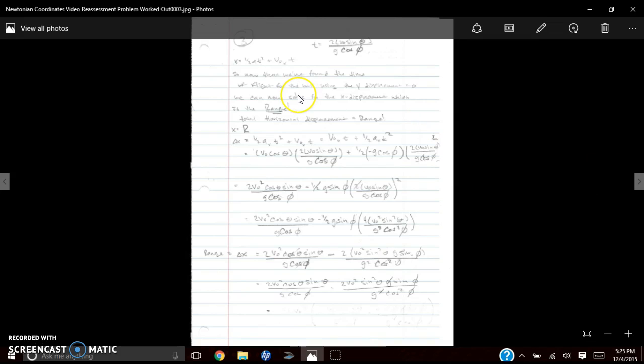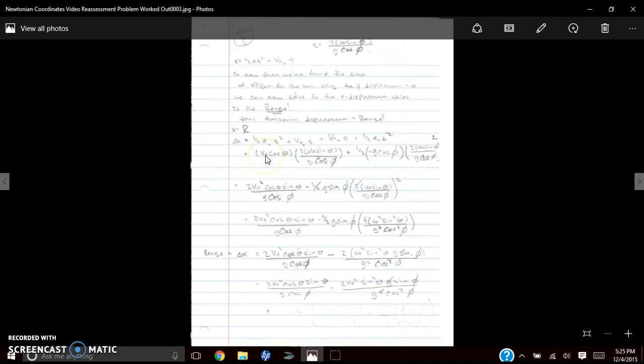The next step was to go back to our displacement in the x direction, which is what the problem is asking me to find. The problem is asking me to prove that the range, which is the displacement in the x direction, is equal to what it said on the first page.